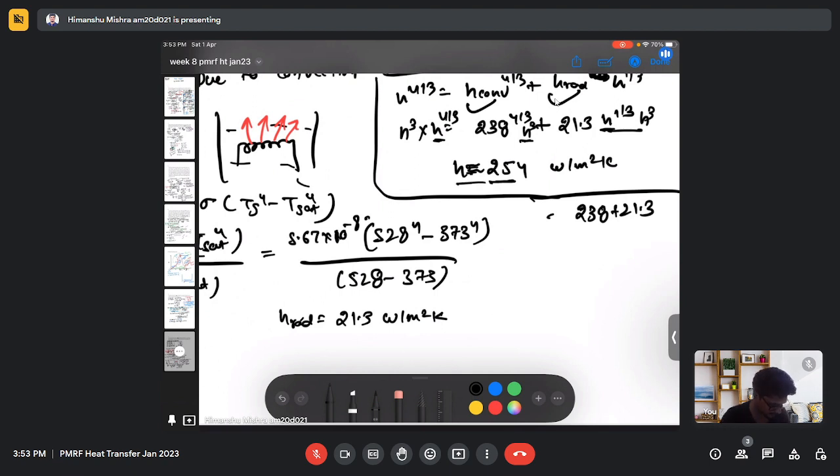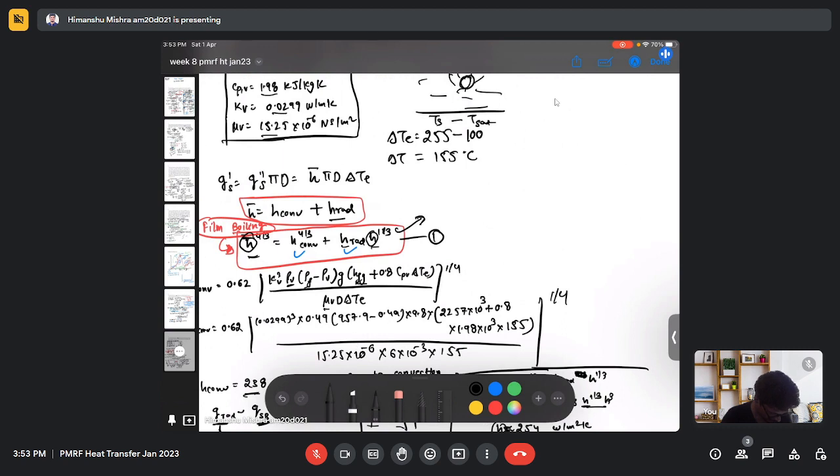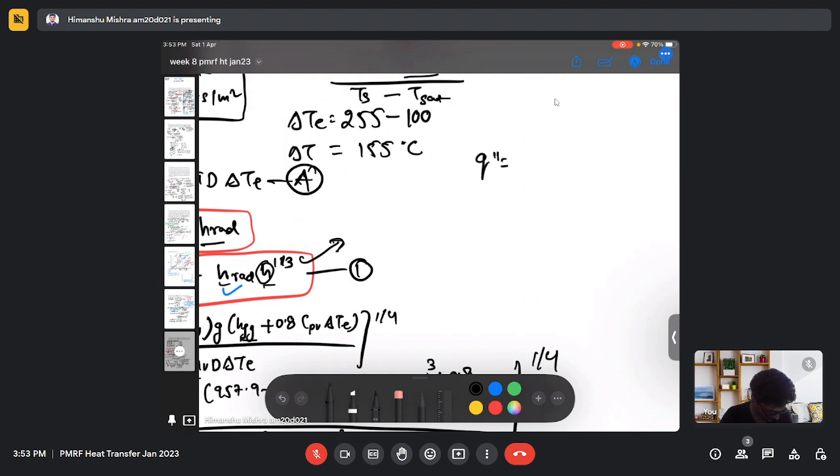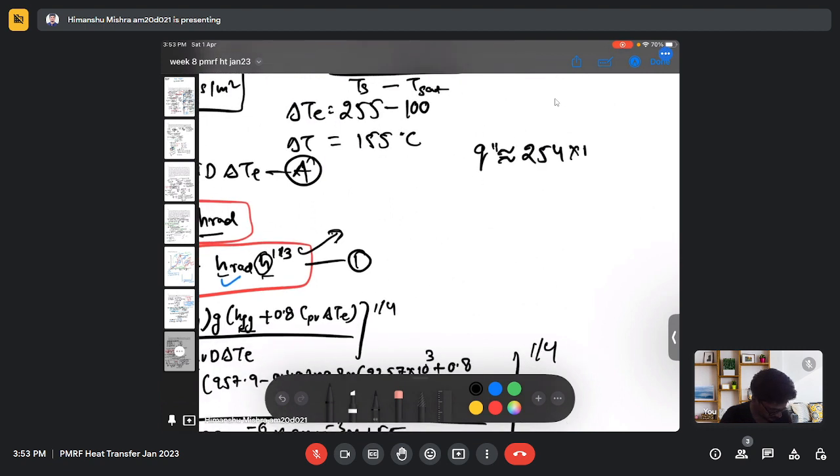So let's say this is my total heat transfer coefficient, and then we put this total heat transfer coefficient in equation A to find the total heat flux, which is approximately equal to 254 by 6 times 10 to the power minus 3 multiplied by 155. So my approximated heat transfer will be around 742 watt per meter.